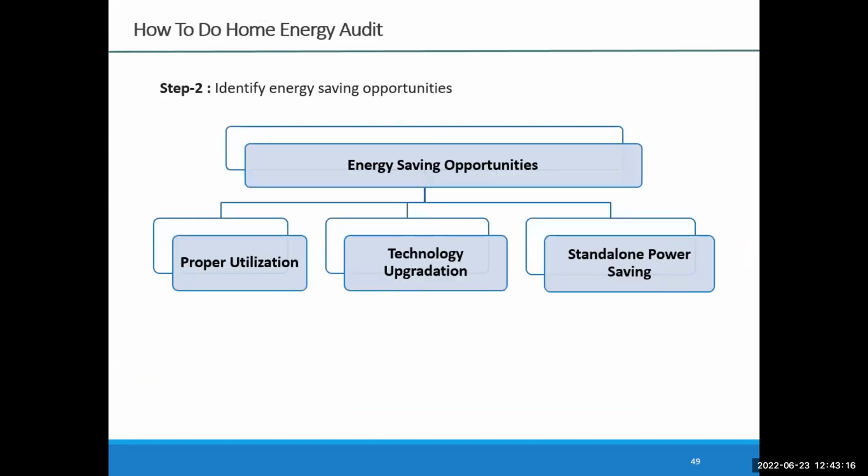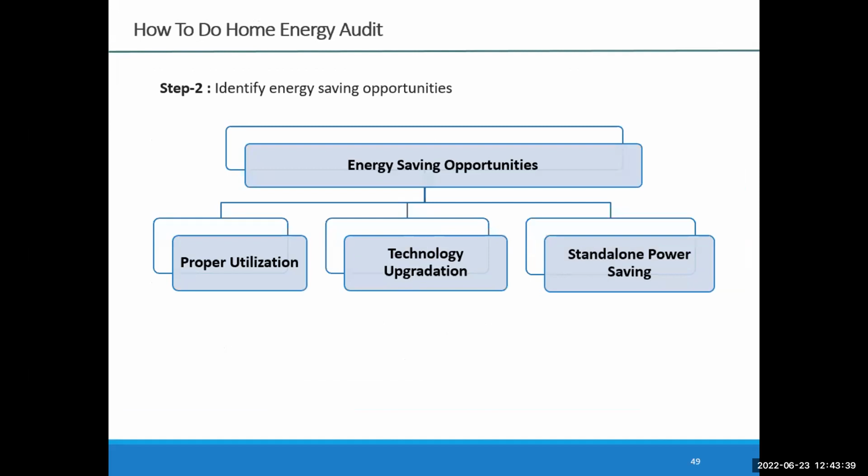So step 2, once we complete the process of step 1, that is estimating the energy consumption of each appliance present in the household and identifying what are the major energy intensive areas, we can try to identify the energy saving opportunities by these 3 broad categories.